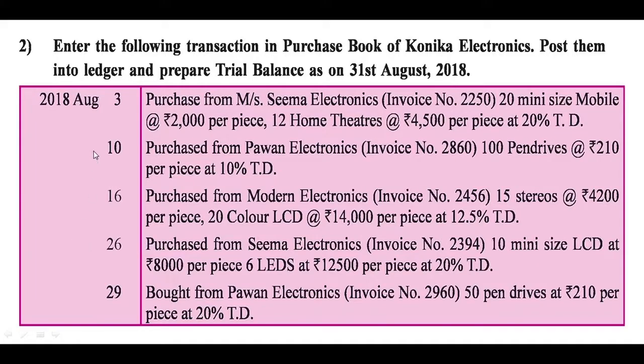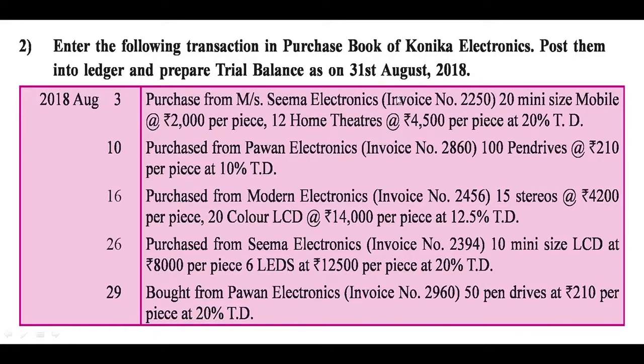Now we are going to solve one illustration. Enter the following transactions in purchase book of Konica Electronics, post them into ledger, and prepare trial balance as on 31st August 2018. The first transaction has taken place on 3rd August. Purchased from Messrs.